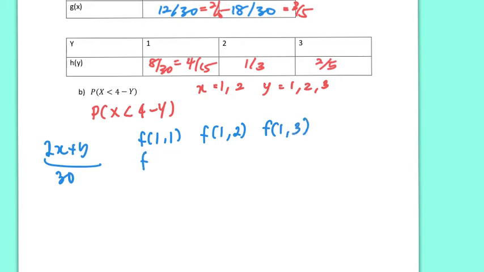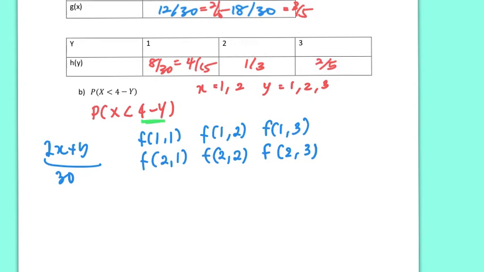And then we have when x equals 2, y equals 1. When x equals 2, y equals 2. And then when x equals 2, y equals 3. The rule here is that x should be less than 4 minus y.